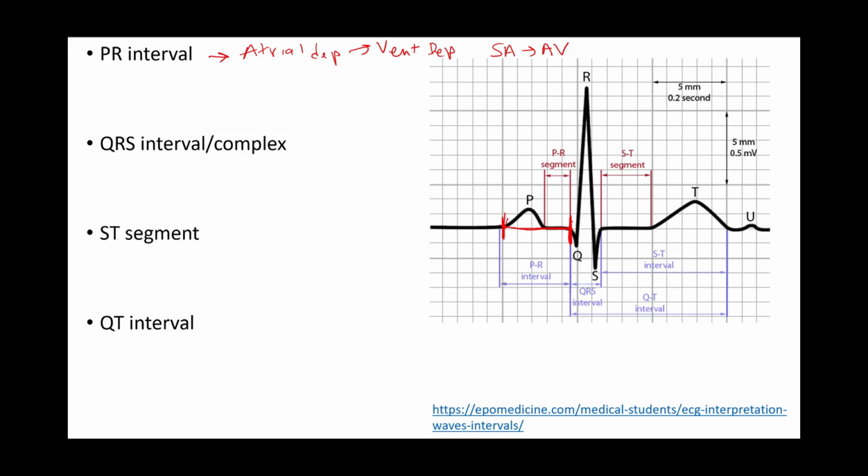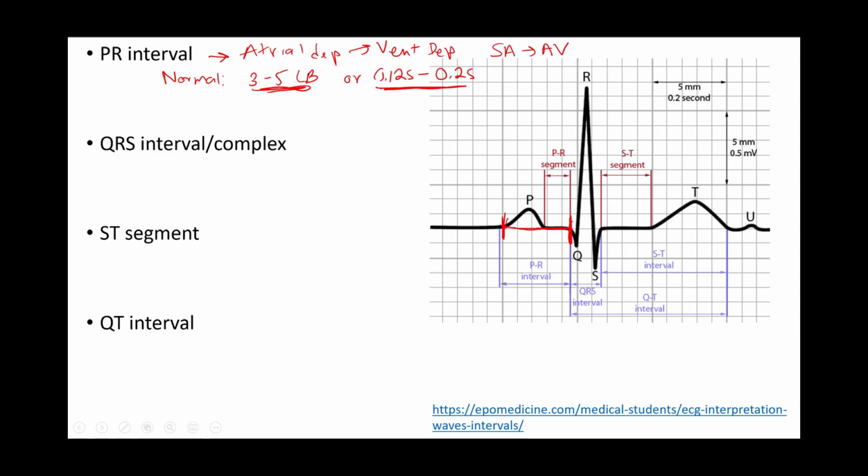So a normal PR interval is between 3 to 5 little boxes. And remember that 5 little boxes is one big box. So it's between 3 to 5 little boxes, or from 0.12 seconds to 0.2 seconds. So this is a normal PR interval, and it is worth memorizing these values.